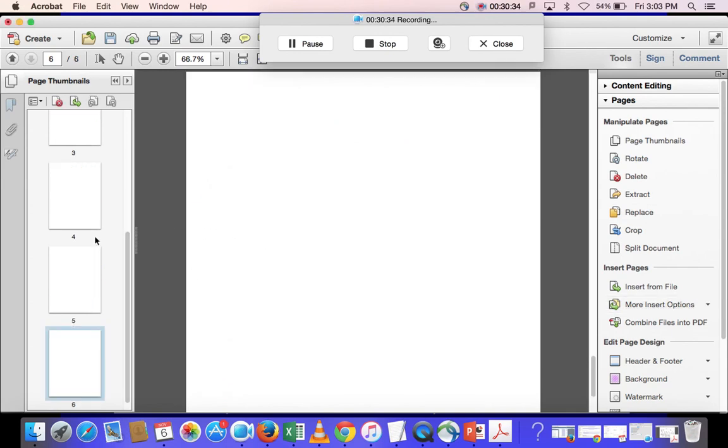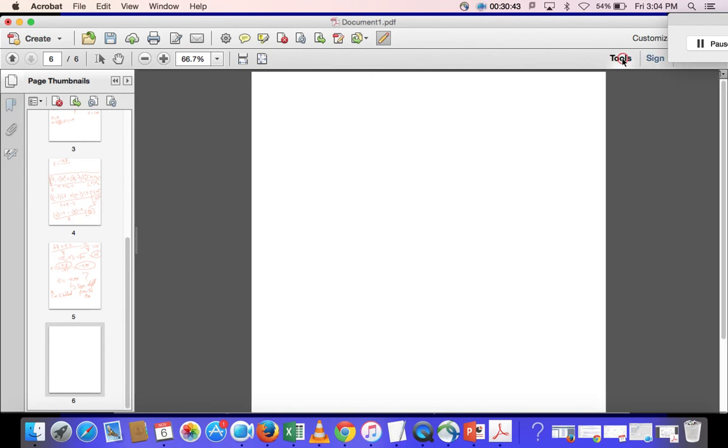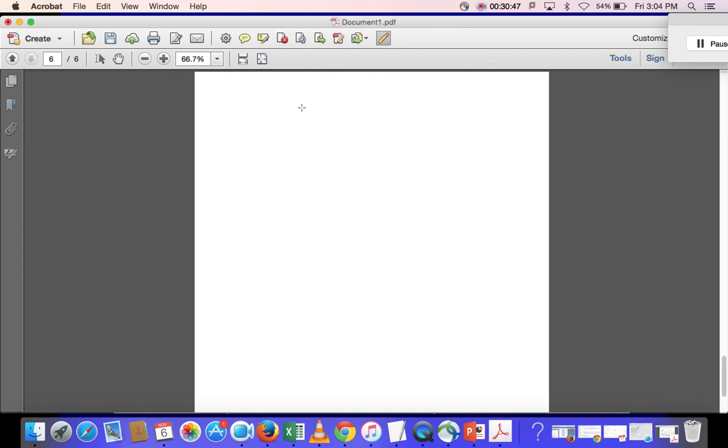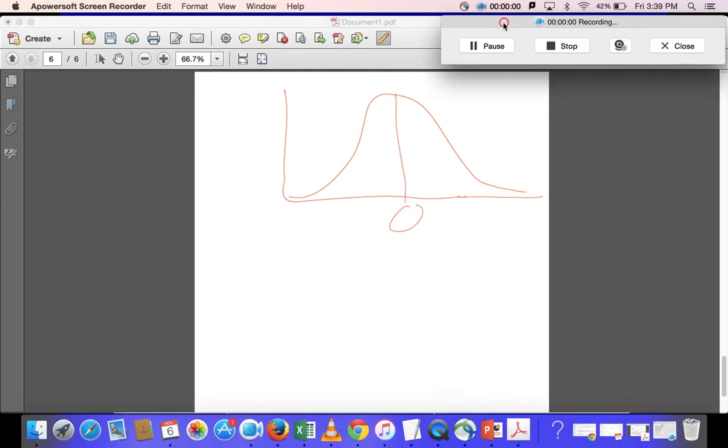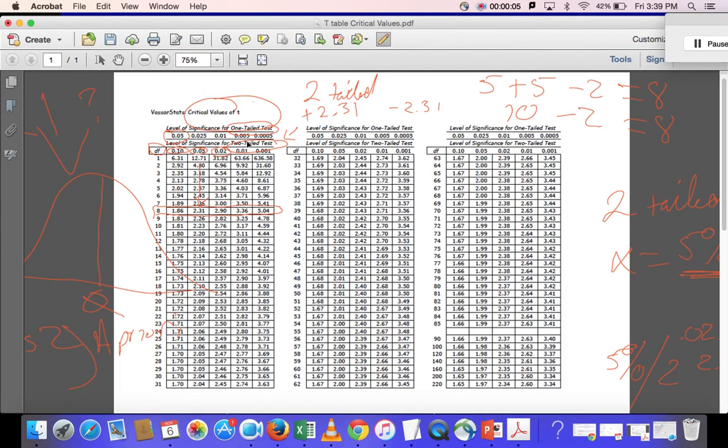All right, so we're going to go ahead and add in a new page. So now again, remember that in our specific situation, my distribution looks like the following. So now that we know what our critical value is based on our critical value sheet, again, remember our critical value is a positive and a negative 2.31.